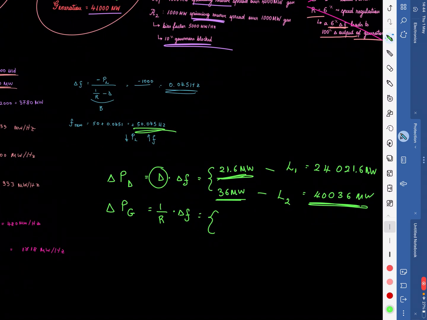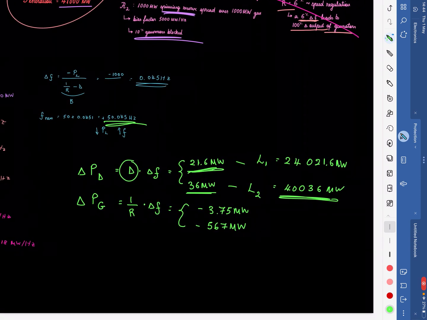So you get minus 375 megawatts minus 567 megawatts. What's happening here? Generation is turned down because the frequency is also going down.